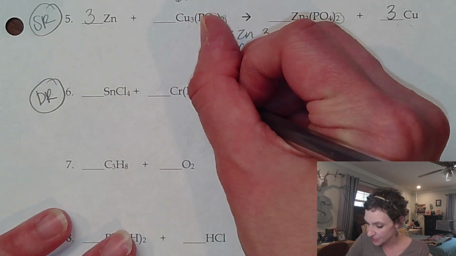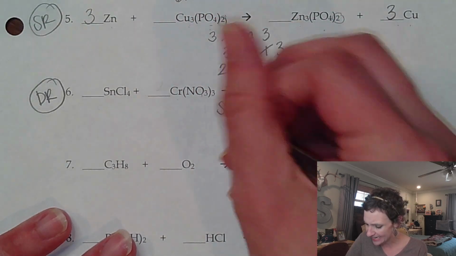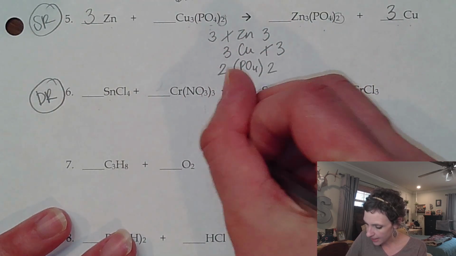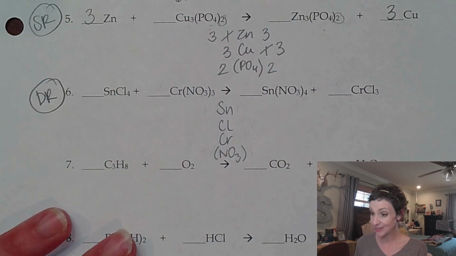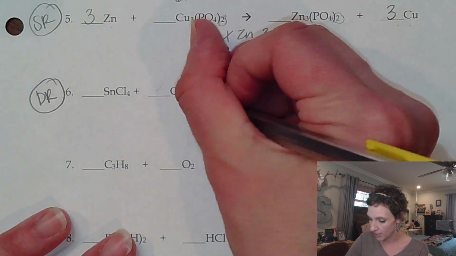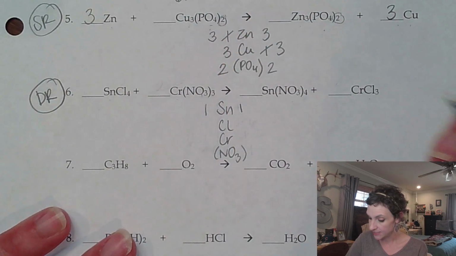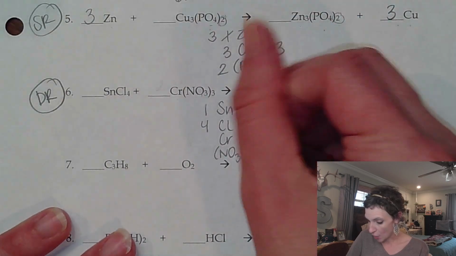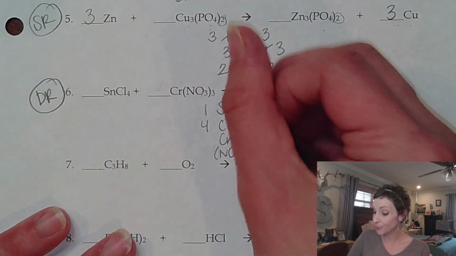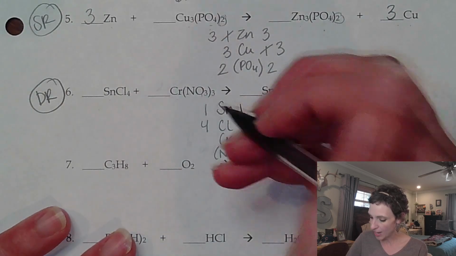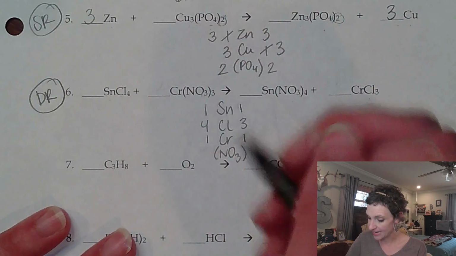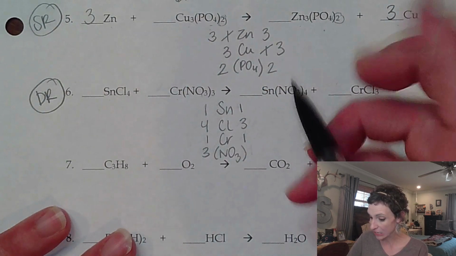So I set up my inventory. I have tin, I have chlorine, I have chromium, I have nitrate. So setting up how many on each side? 1 tin over here, 1 tin over here, 4 chlorines over here, I lost my chlorine, 3 chlorines over here, 1 chromium on the reactant side, 1 on the product side, and then my nitrates I have 3 and 4.